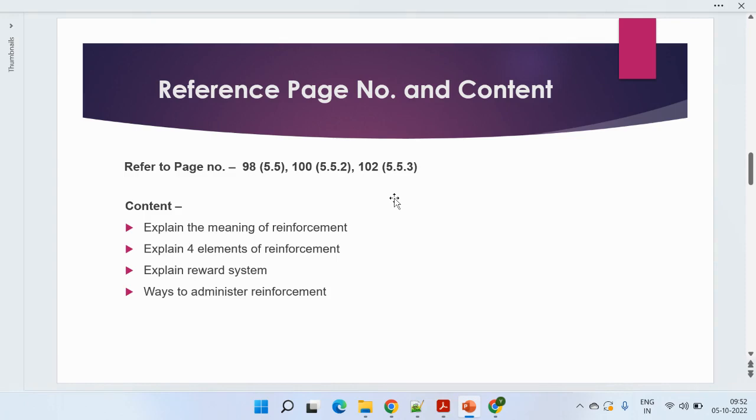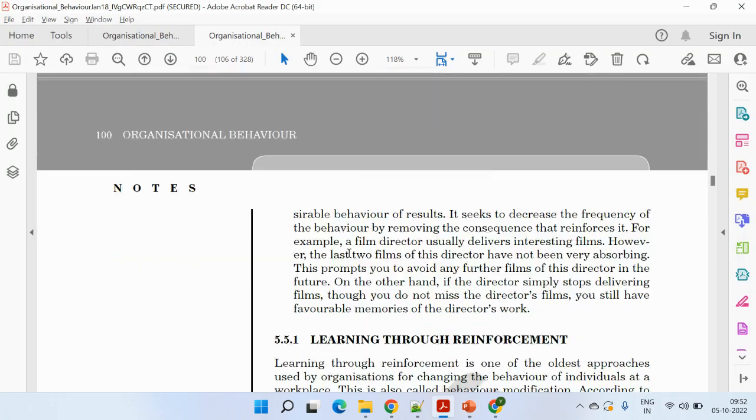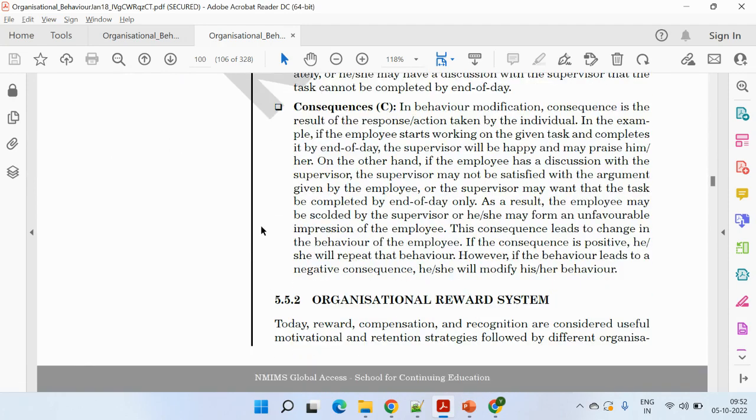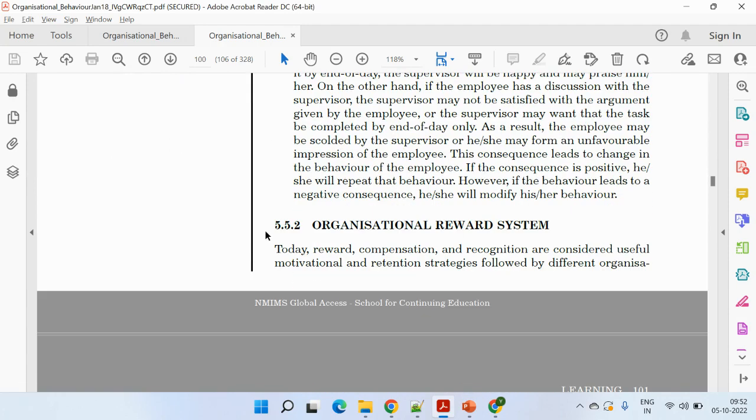Now the next part is to explain the reward system. Why do we mention this in this answer? Because if you see the question, Samir is more or less encouraging his employees by providing them correct rewards on a timely basis, or maybe based on performance.